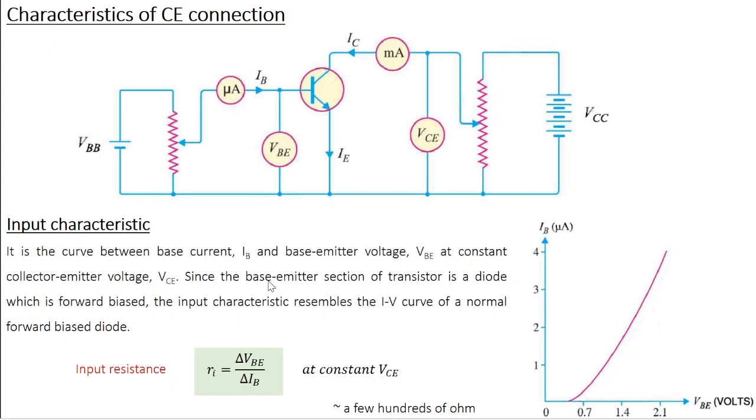So since the base emitter section of a transistor is like a diode which is forward bias, the input characteristic is going to look exactly like the IV curve of a normal forward bias diode. So we are familiar with the IV curve of a forward bias diode. So this is the current versus voltage graph. So in the case of a transistor, this is voltage VBE versus current IB.